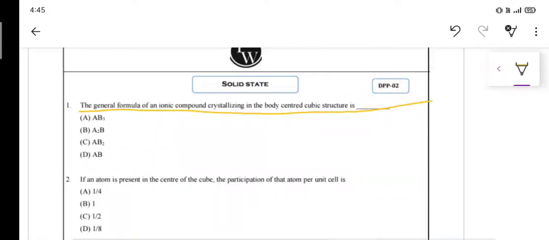The general formula of an ionic compound, ionic crystal, crystallizing in a body centered cubic structure is... AB.